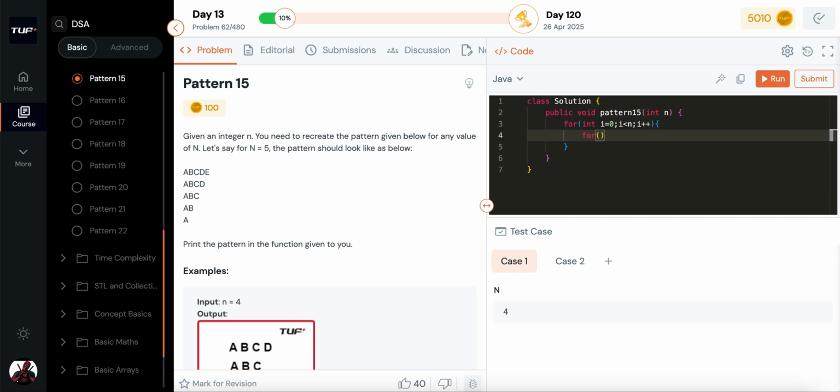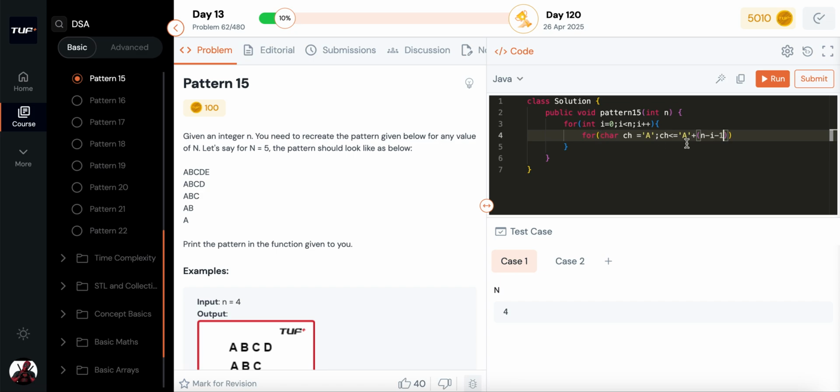The next step is the characters. So let's initialize the character, say ch, and set it to the character A. We need A, B, C, D, E in the first line. So we will do n minus i minus 1.